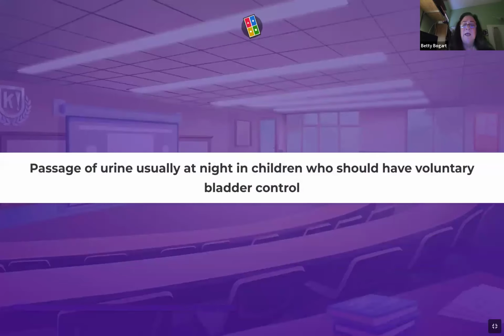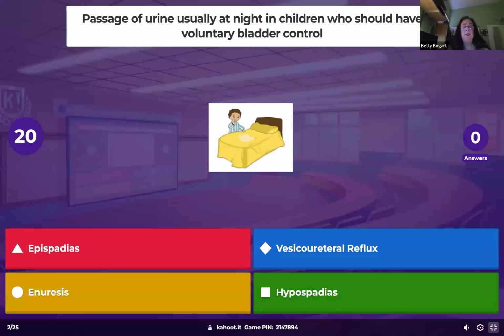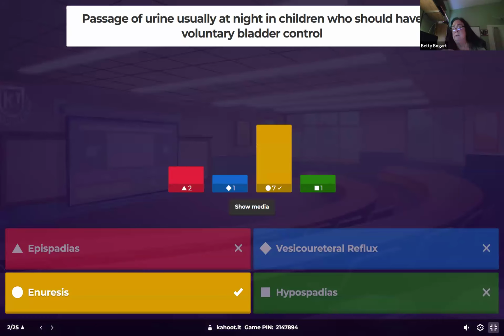Passage of urine, usually at night, in children who should have voluntary bladder control is called what? And this is called enuresis, okay?